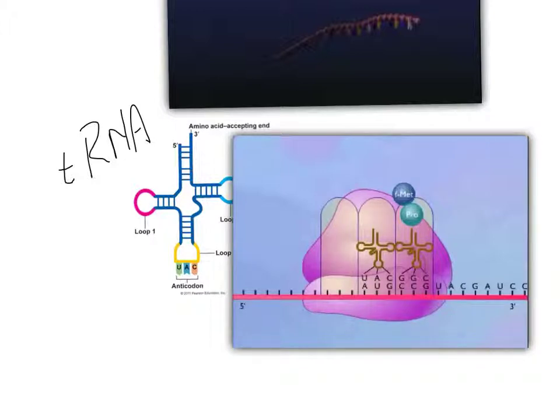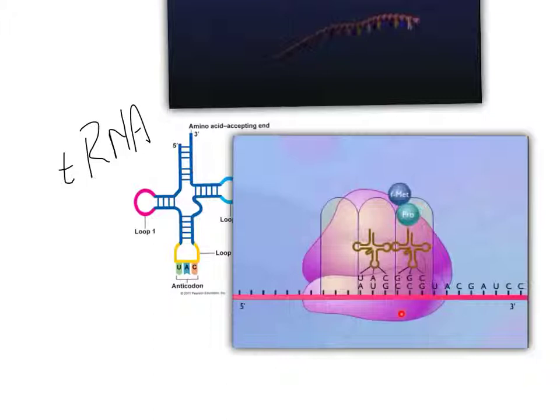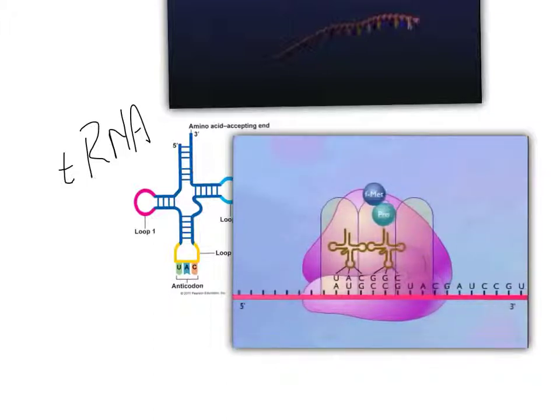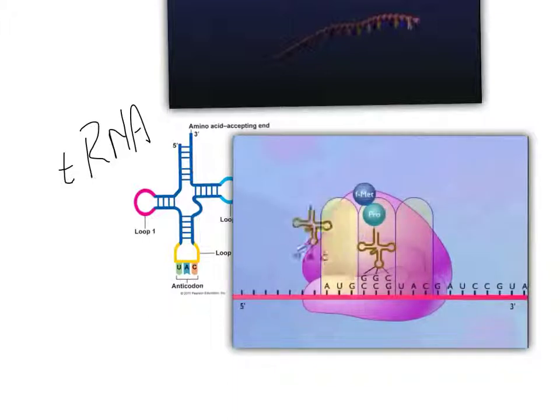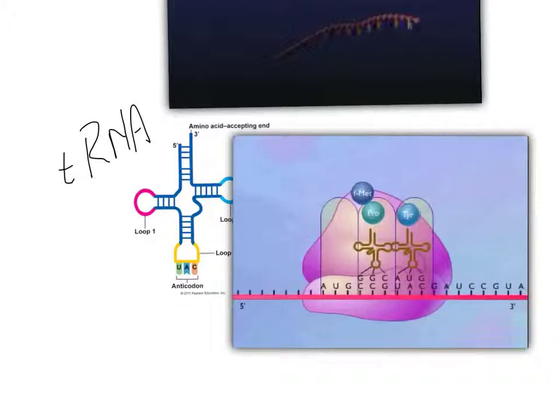Then what happens is the ribosome moves along the messenger RNA. The first transfer RNA is released. The next triplet code, or codon as we call it, is then exposed, and another tRNA molecule comes in with its associated amino acid.